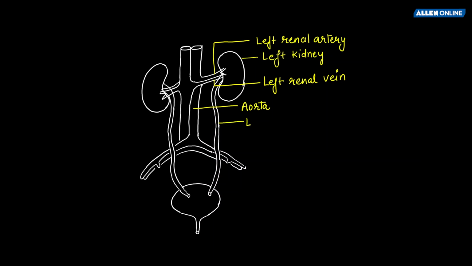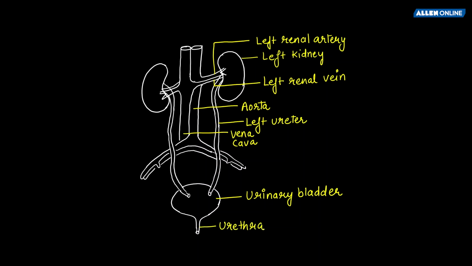This is left ureter. This is the vena cava, urinary bladder, urethra. So this is the diagram of human excretory system given in NCERT.